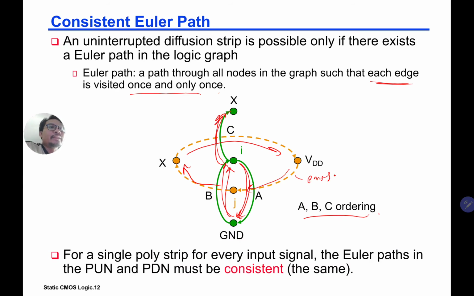And the ordering is the same for the PMOS as well, where we can also visit each one time. A once, done, B done, C done. So we are visiting each edge one and only one, and we have the same ordering for the NMOS and the PMOS. That is called a consistent Euler path. So then our layout is going to be ABC, something like this, and then you have the diffusion strip, the metal connection and so on.